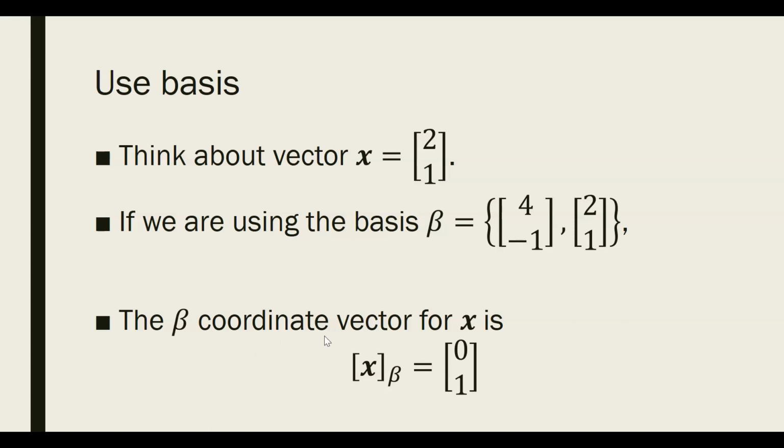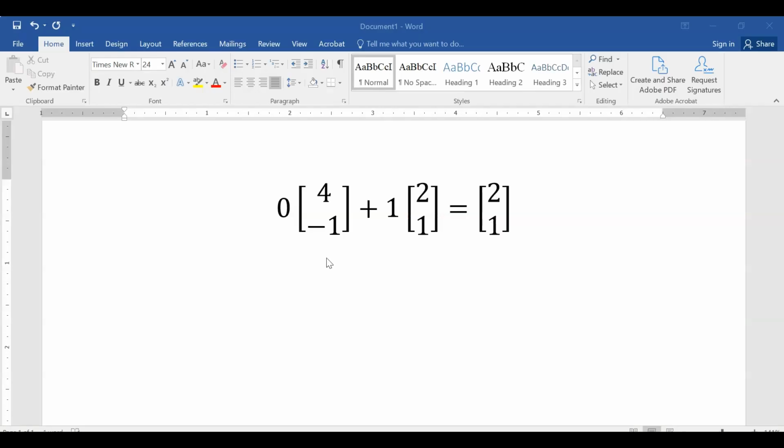The basis coordinate vector for x is the vector (0, 1). Basically what this means is we took 0 times (4, -1) plus 1 times (2, 1) and got back the vector x. So 0 times (4, -1) plus 1 times (2, 1) is equal to (2, 1).